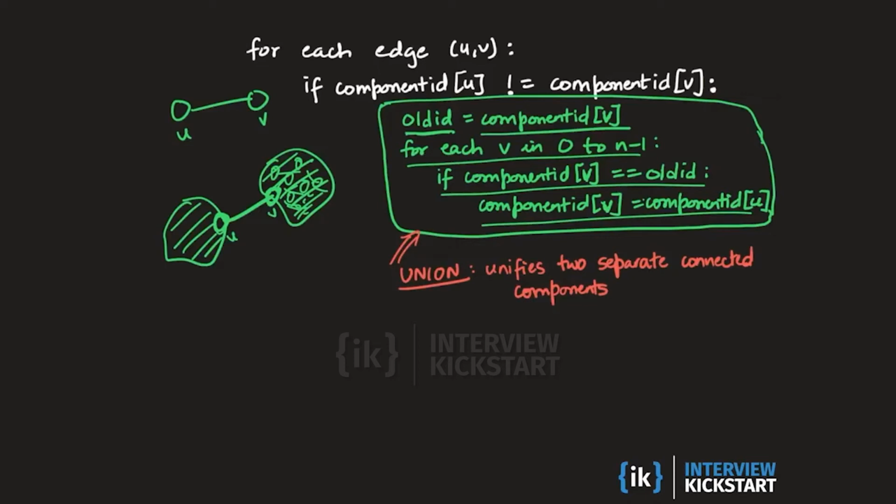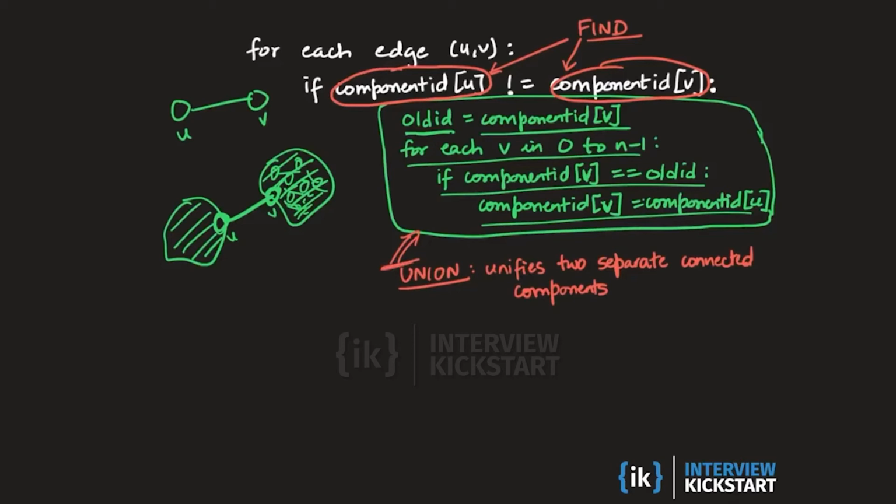We first find what component vertex U belongs to and what component vertex V belongs to. Finding out what components they belong to is called the find operation, and only if they don't belong to the same component, only if we find that their component IDs are not the same, do we do the union operation.